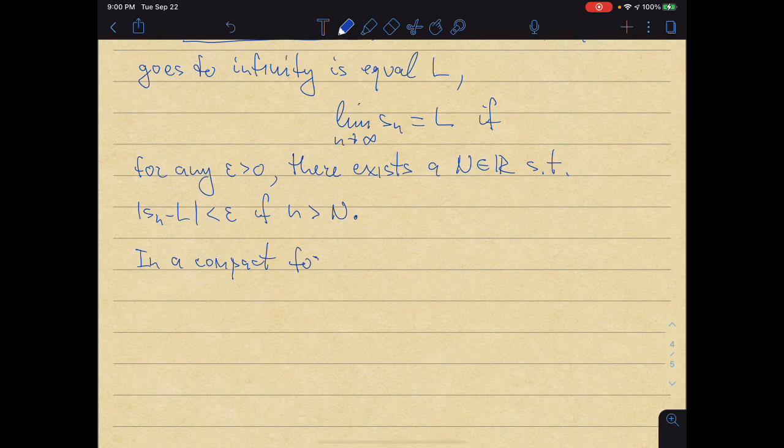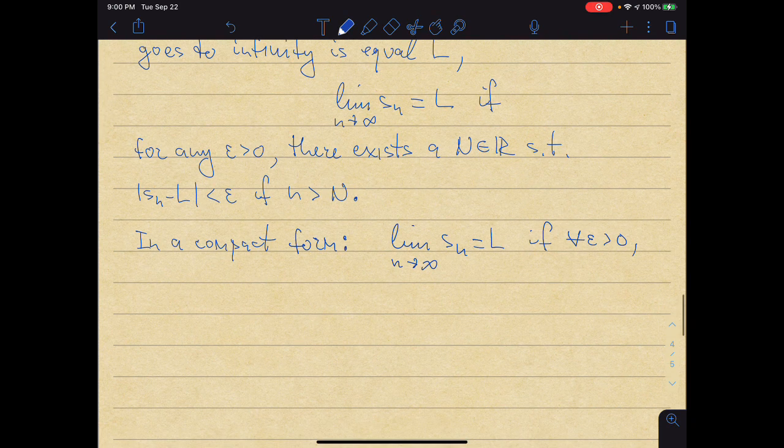So in the compact form, the limit as n goes to infinity of Sn is equal to L if for any epsilon greater than 0, where this symbol here means for any, there exists, this symbol that I'm writing right now means there exists, an N, a real number, such that if n is greater than capital N, then Sn minus L must be less than epsilon.